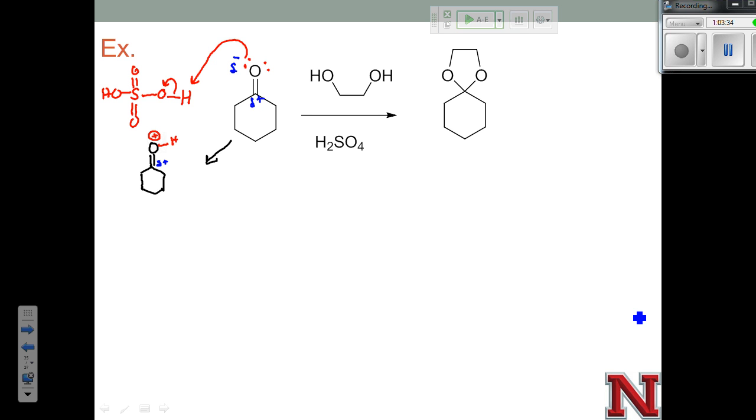So now that we have this activated, do we have a nucleophile in the reaction that can attack this partial positive carbon? It doesn't need to be a strong nucleophile because we have this activated thing. So what else in our reaction mixture is a source of electrons? The pi bond in this case isn't a source because now our oxygen is positive.